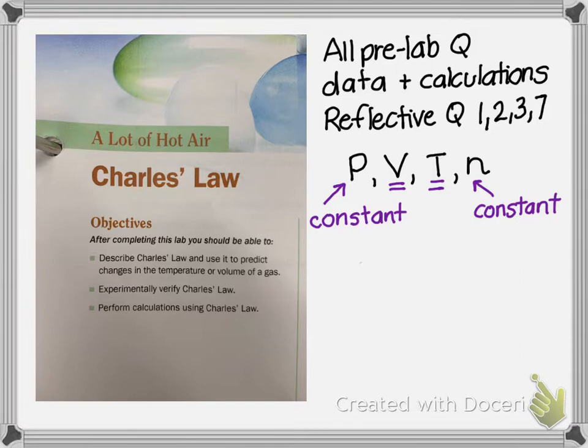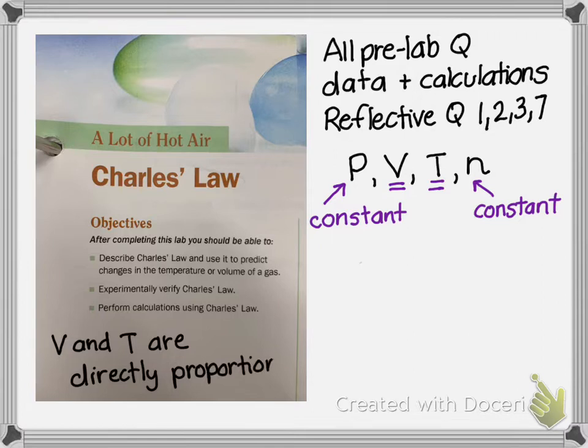And volume and temperature have a direct relationship. So we would say volume and temperature are directly proportional. This is language that they use a lot when they're describing the relationship between 2 variables.